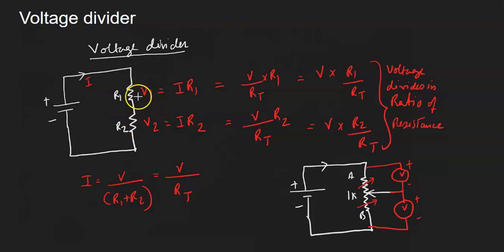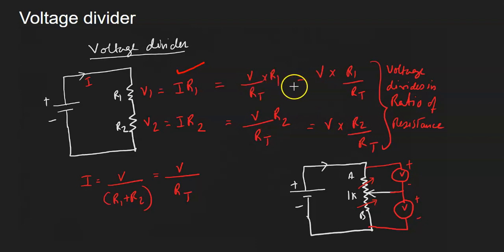So you know that the voltage across R1, V1, is equal to the total current times R1, and V2 is equal to I times R2. But the total current in this circuit is the voltage divided by the total resistance, that is V by RT. If you substitute V by RT into these equations, you get V1 equals V by RT times R1, and V2 equals V by RT times R2.